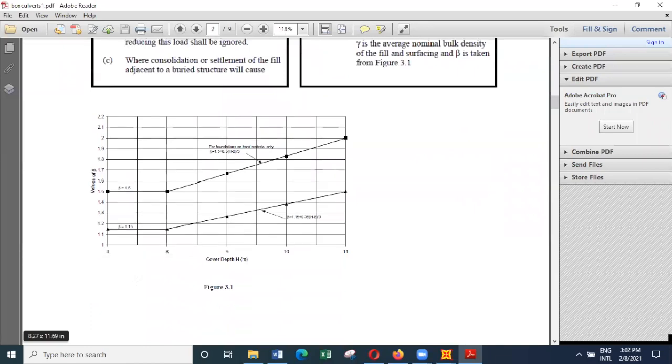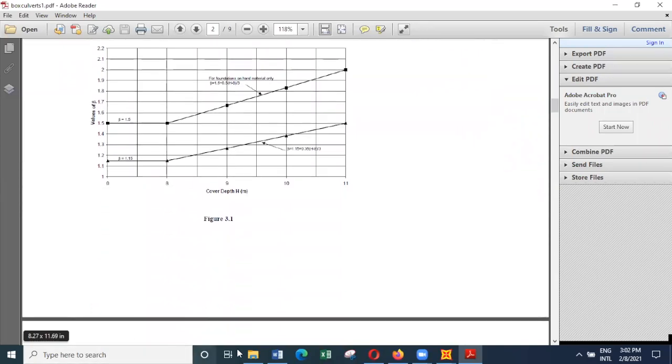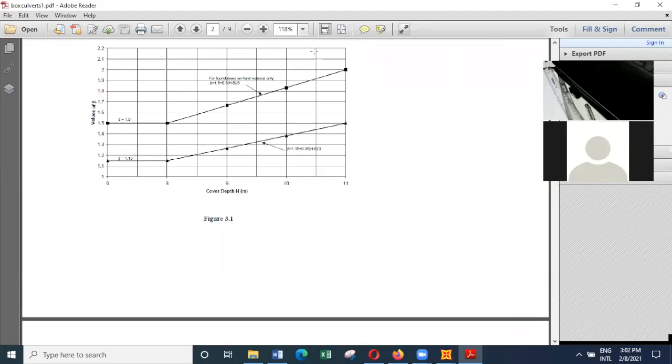So now when you have a box culvert, you can have various load cases.